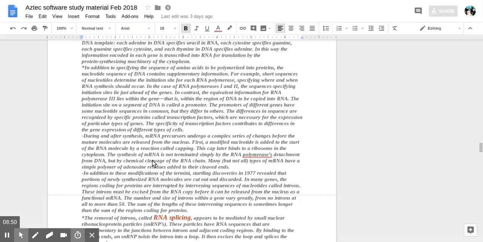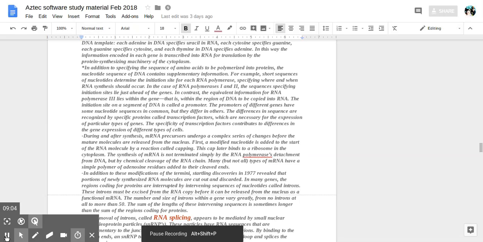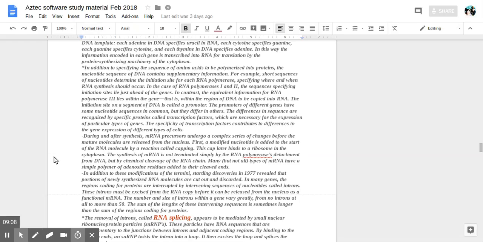The specificity of transcription factors contributes to differences in the genetic expression of different types of genes. So these proteins are able to know which parts of the DNA need to be transcribed and which don't.